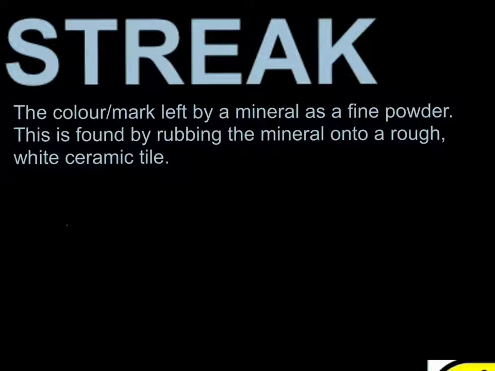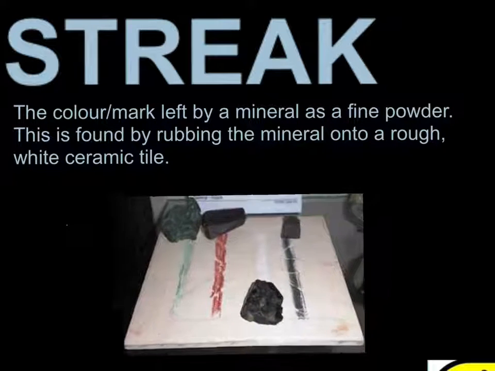The way that we'd make the mineral into a powder is you just rub it along a rough surface. We do that with ceramic tiles. These tiles are white because that means we can more obviously see the color. If we had a dark streak plate or tile, it'd be very hard for us to tell what color the powder actually was.